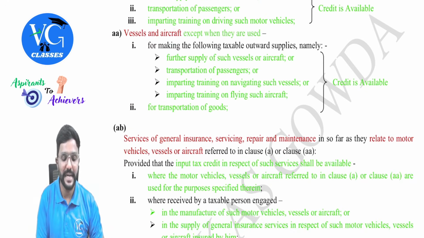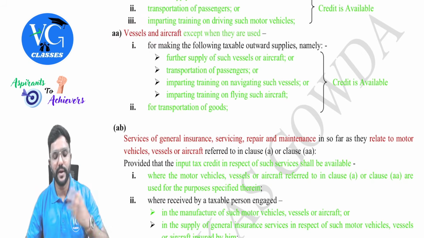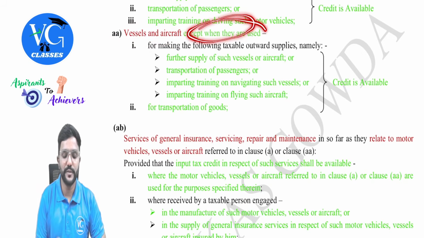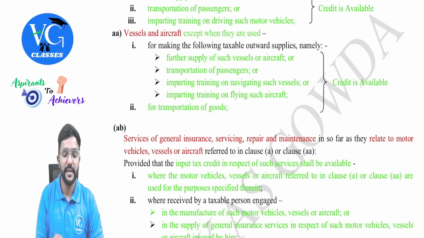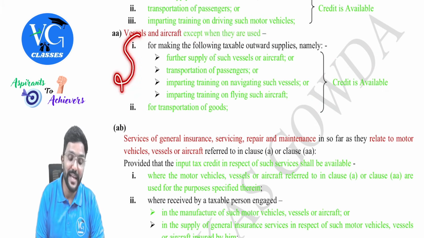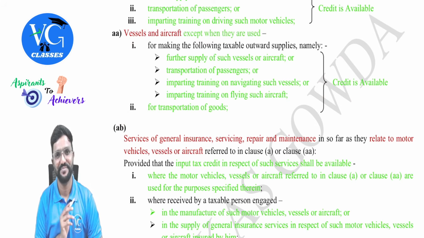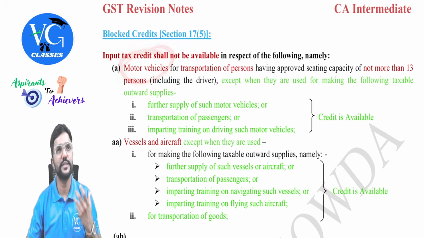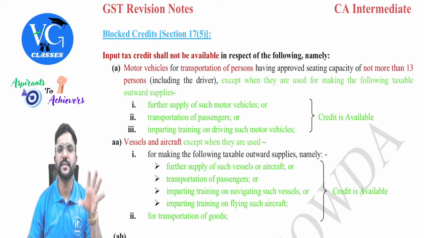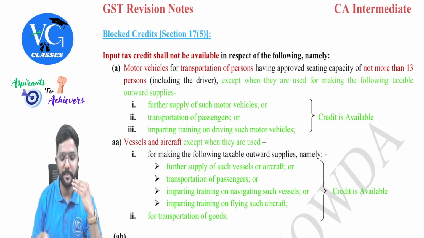Next, vessels and aircraft. Vessels or aircraft, except when they are used for, means if it is used for the following purposes, credit is available, guys. Means if it is used for any purpose other than this, credit would be blocked. Okay. Here, assume a cab or a car is purchased by a company for pick and drop of employees, like cab facility. So will employees fall here?